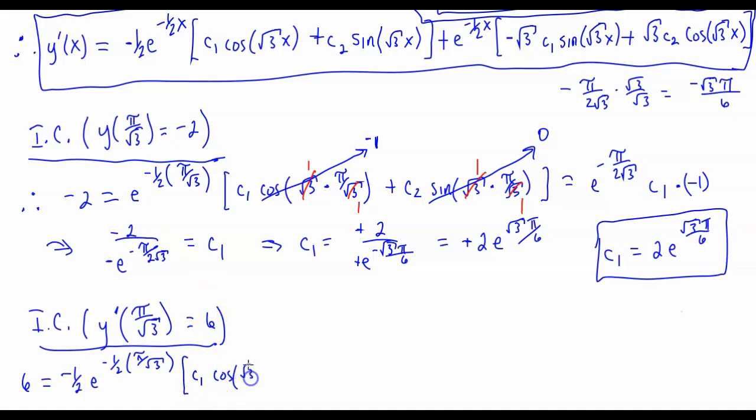C1 cosine of square root of 3 pi over square root of 3 plus C2 sine of square root of 3 times pi over square root of 3.